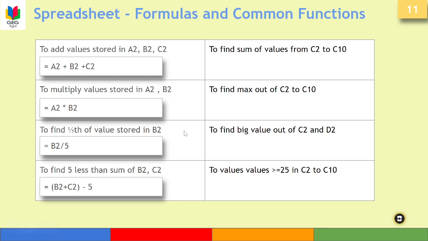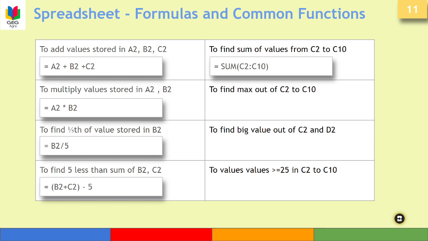Another example: if you want to sum the values from C2 to C10, here I am going to take the example of a range, C2 to C10. I'll apply the function: equal SUM C2 colon C10.